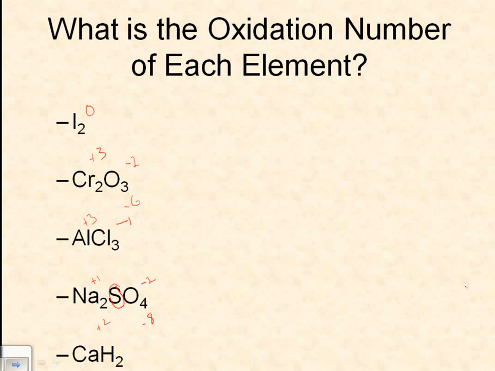So right now I've got a -8 and a +2, which is a -6. In order for this whole thing to be 0, this has to be a +6. So the sulfur is a +6. Alright, we said hydrogen, when bonded with a metal, is going to be -1, and the calcium would be +2. Okay.